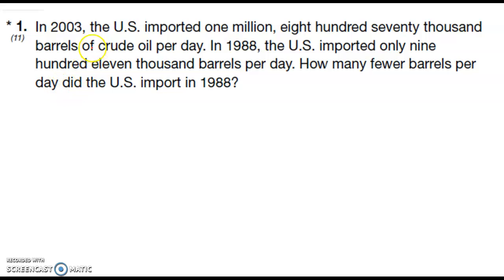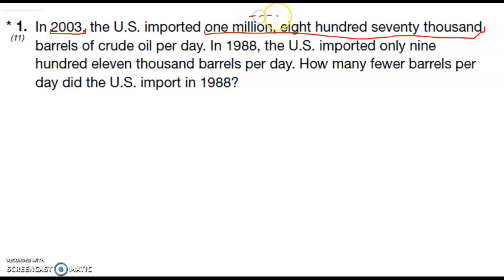All right. In 2003, I don't know if I'm going to need that number, the U.S. imported 1,870,000 barrels of crude oil per day. I'm pretty sure I'm going to need this number, so let me see.